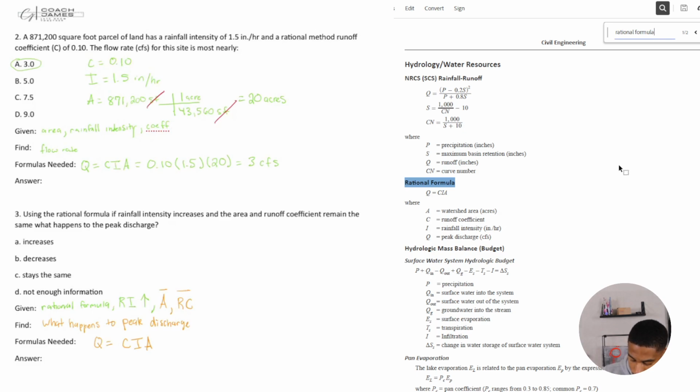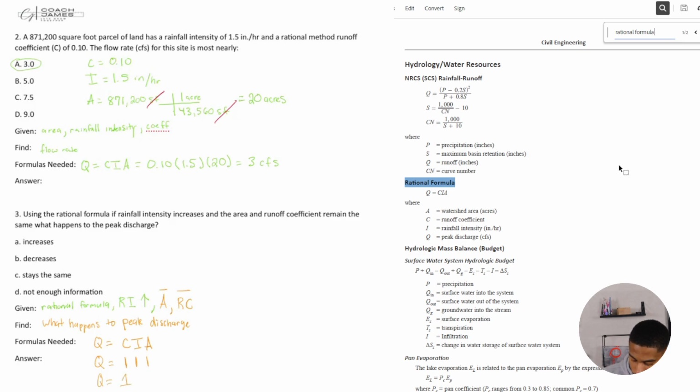So we will say that for the first iteration, the runoff coefficient is going to be 1, the rainfall intensity is going to be 1, and our area is 1. So Q in this case is equal to 1.